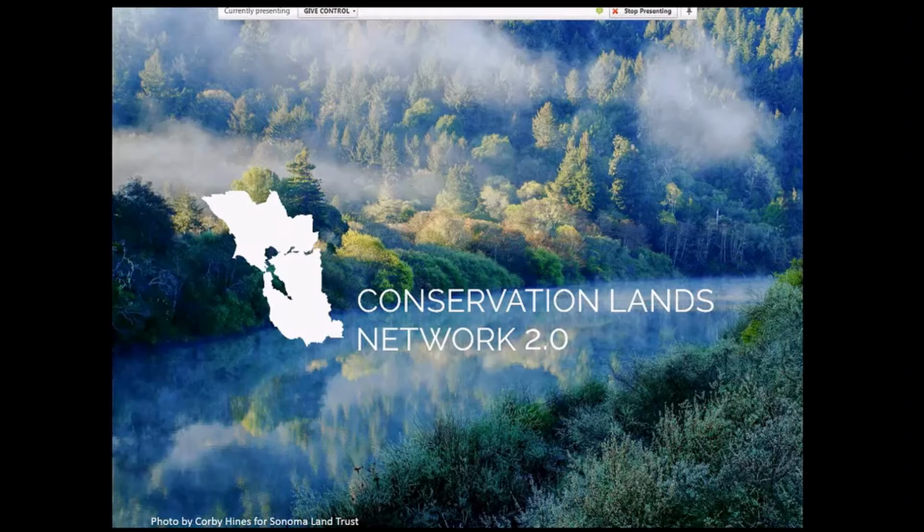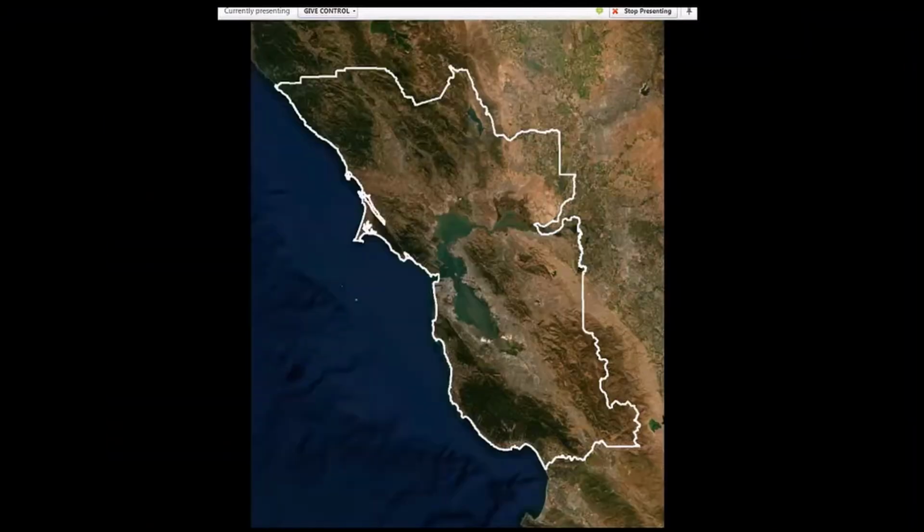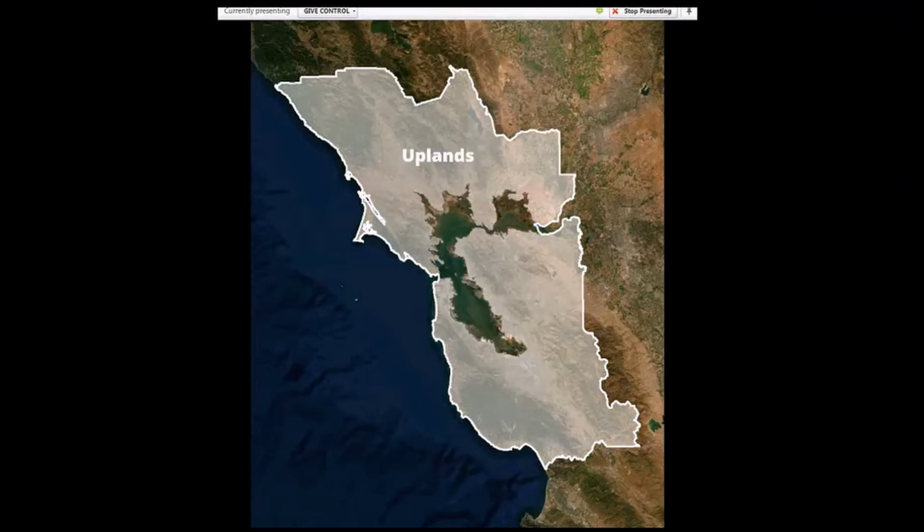Before, the CLN only touched the 9 counties that touch the Bay, but this time around we've included Santa Cruz to round out that ecoregion. The geography of the Conservation Lands Network is the upland habitats of the San Francisco Bay Area, which for our purposes is the 9 counties that touch the Bay and Santa Cruz.